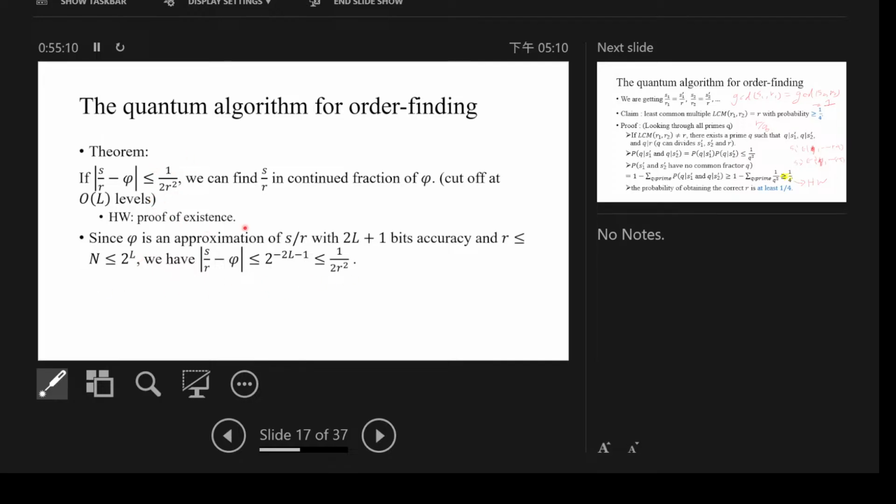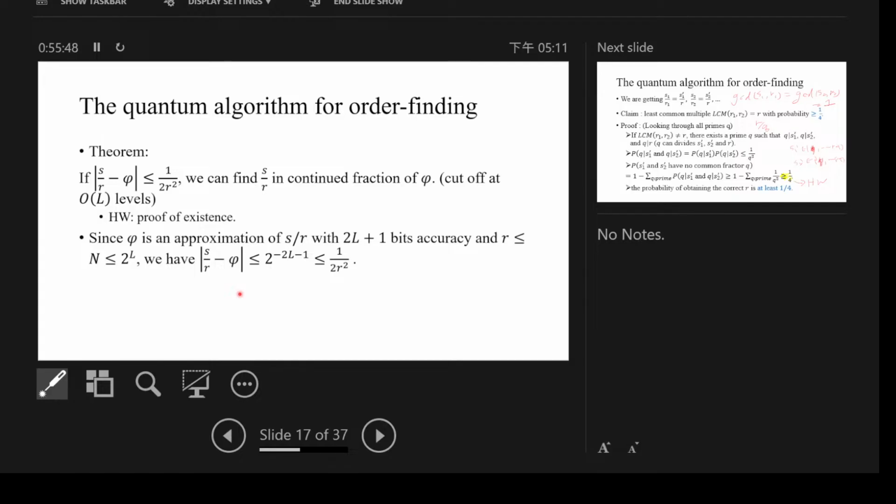Here we need 2L plus 1 bits of accuracy because we want the 1 over 2R squared error. Because R is less than N, which is less than 2 to the L, 2R squared has less than 2L plus 1 bits. So we want 2L plus 1 bits of accuracy, and then this works out.